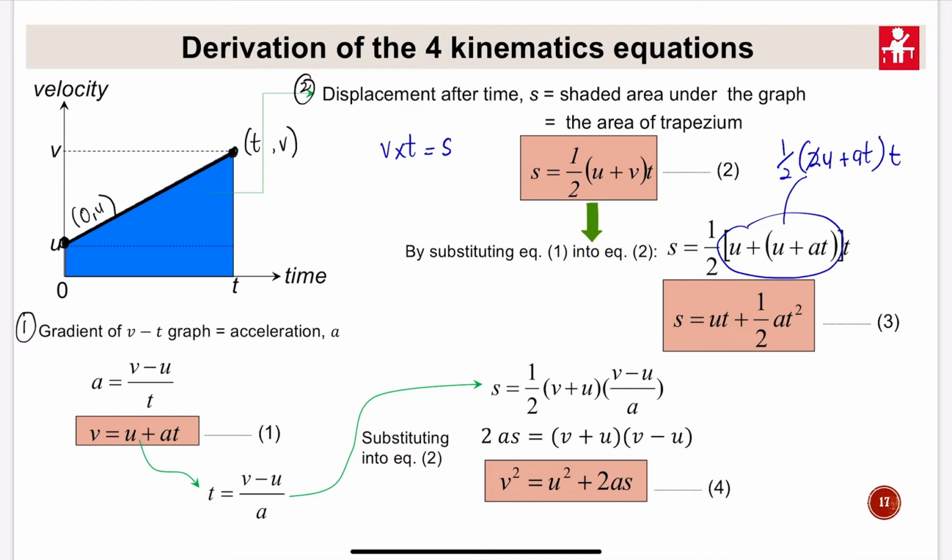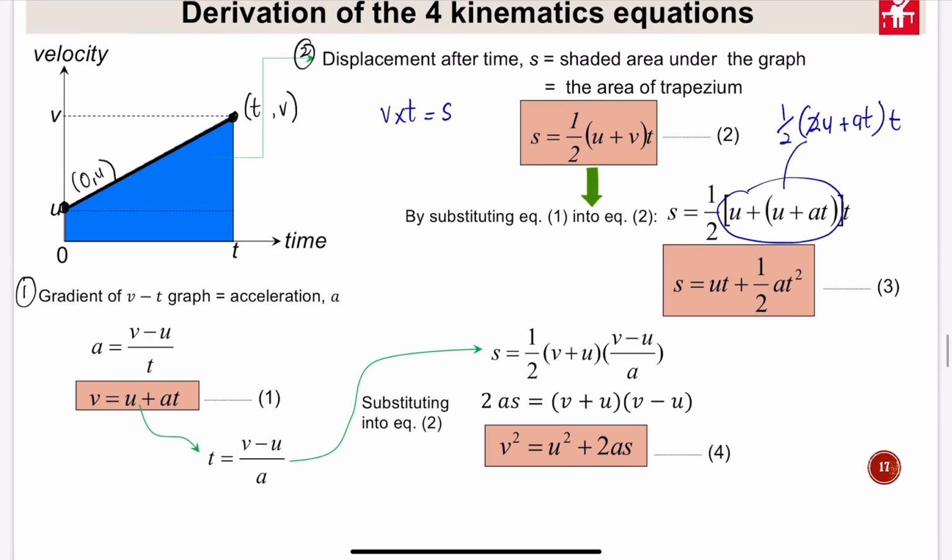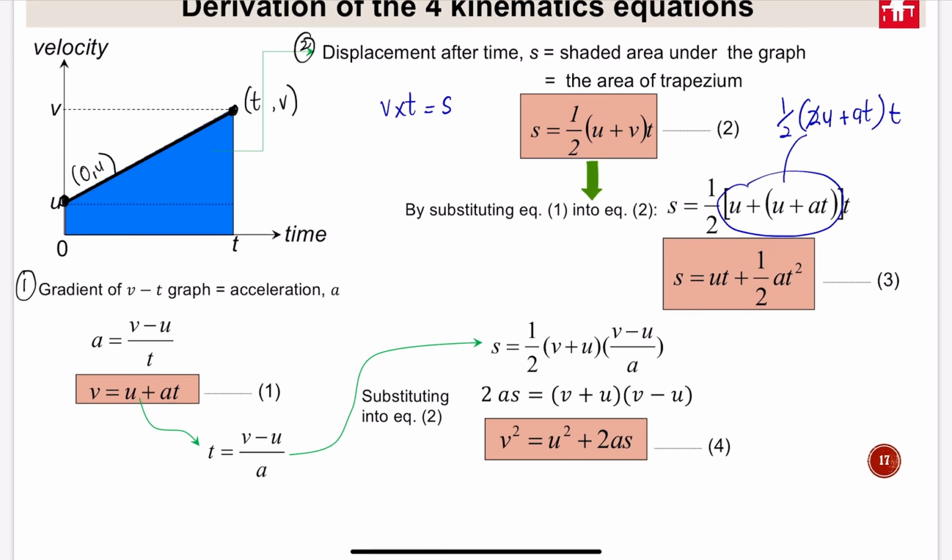Okay, now the fourth equation, the final equation. So to get the final equation, we substitute the first equation into the second equation. Still the same lah. So kita ada second equation, s equals half u plus v.